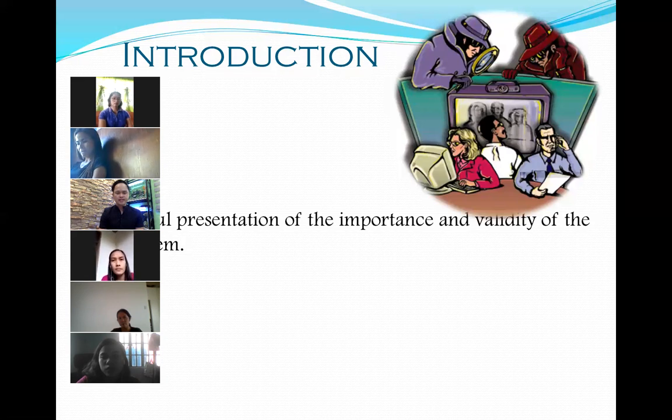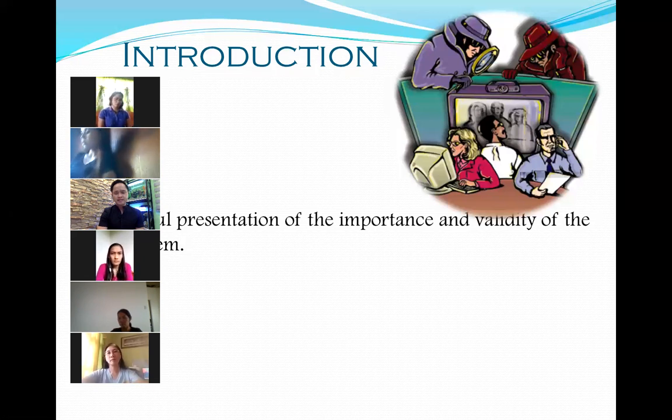So you look for articles, and upon reading the 50 articles, you found out that, for example, 35 out of 50 articles stated that the use of blended learning can significantly influence the performance of the student. Influence means the more you use blended learning, the higher the academic achievement of the students. That's what you call significant influence.